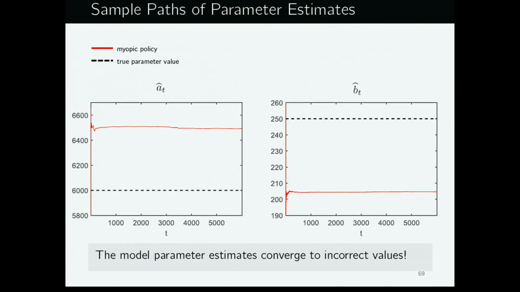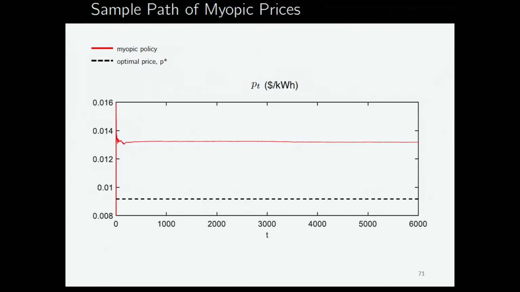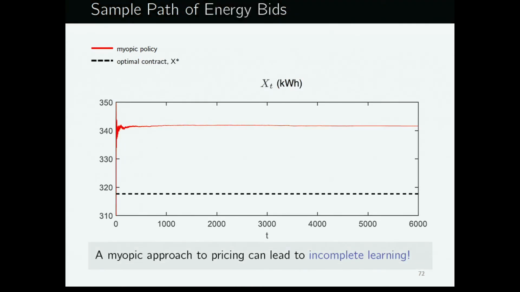Namely, you may end up with incomplete learning. And so here, your estimates of the model parameters for the demand function converge to incorrect values. So the dashed lines are their true values. The red lines are sample paths of your estimates over some finite horizon. So they converge fairly rapidly, but they come to the incorrect value. You end up with similar behavior for your quantile, price, and so on and so forth.